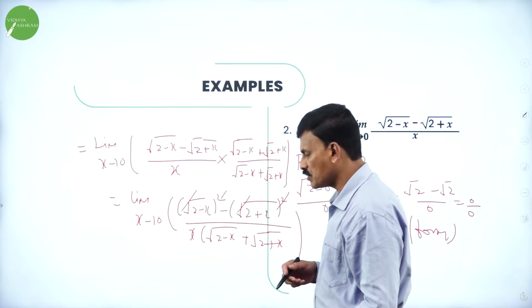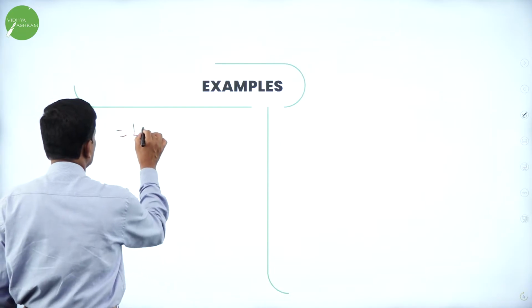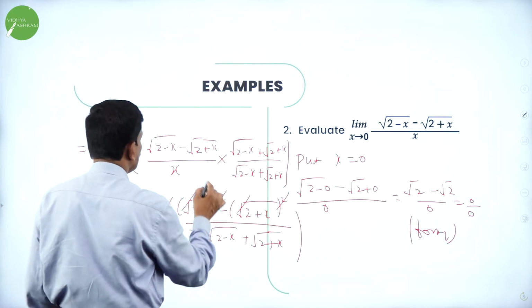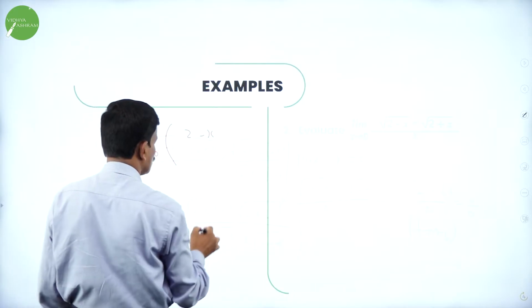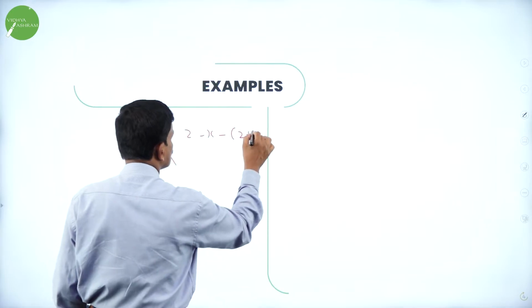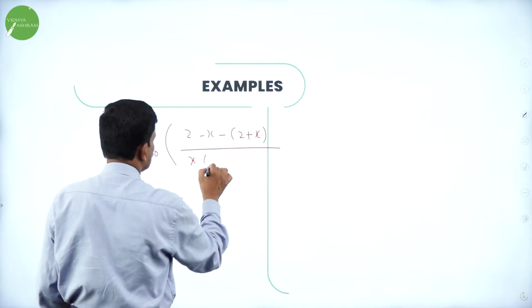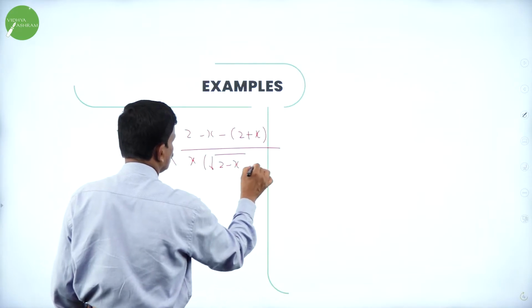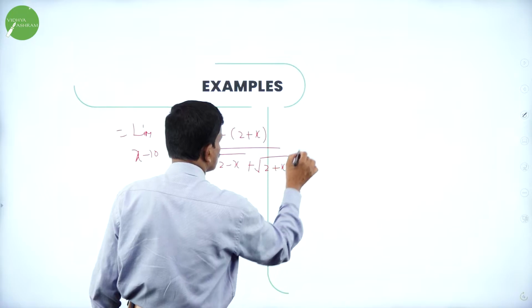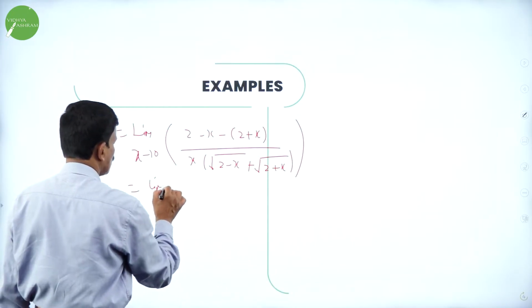Square root gets cancelled, and what is left over is limit x tends to 0 of 2 minus x minus 2 plus x divided by the denominator x into root of 2 minus x plus root of 2 plus x. Now, cancel the terms which get cancelled. Let us multiply first.